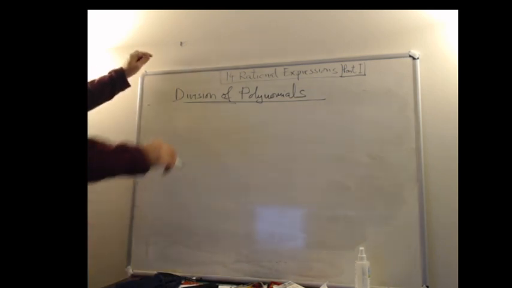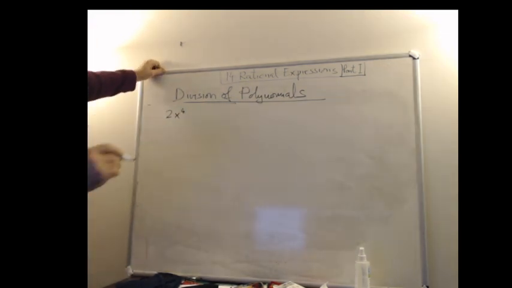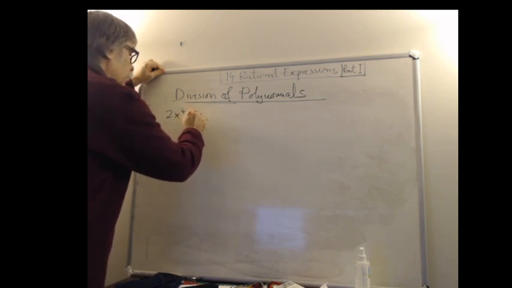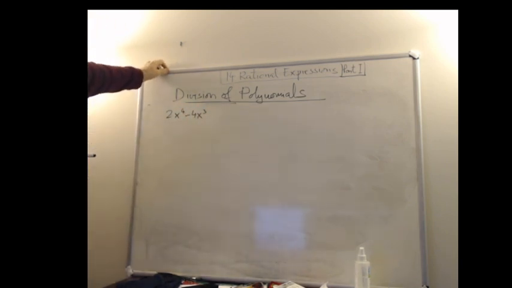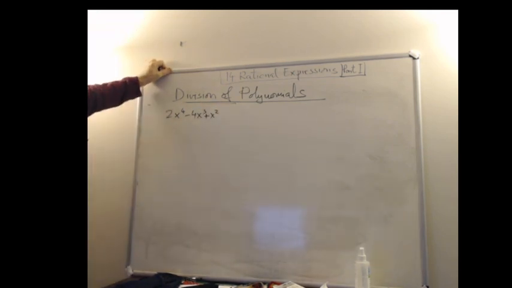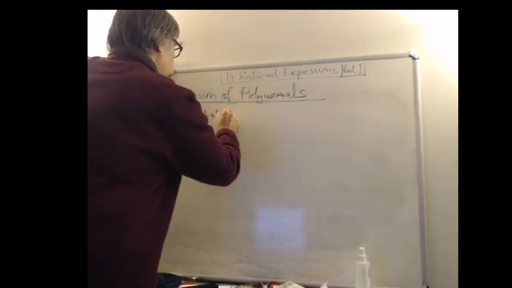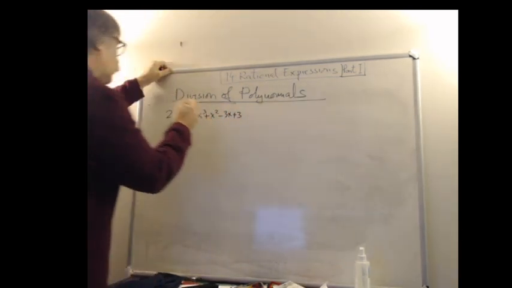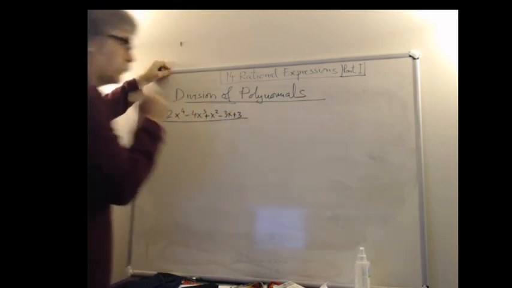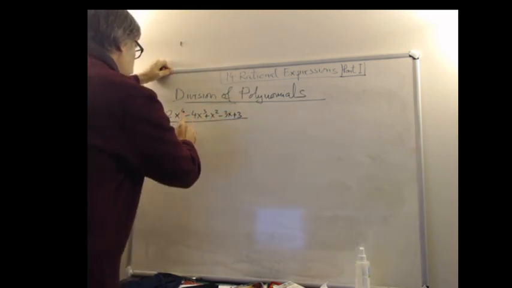Okay? So let me do one more. I want to do 2x to the power of 4 minus 4x cubed plus x squared minus 3x plus 3. Oh boy. And I have to divide this by x squared minus x plus 3.